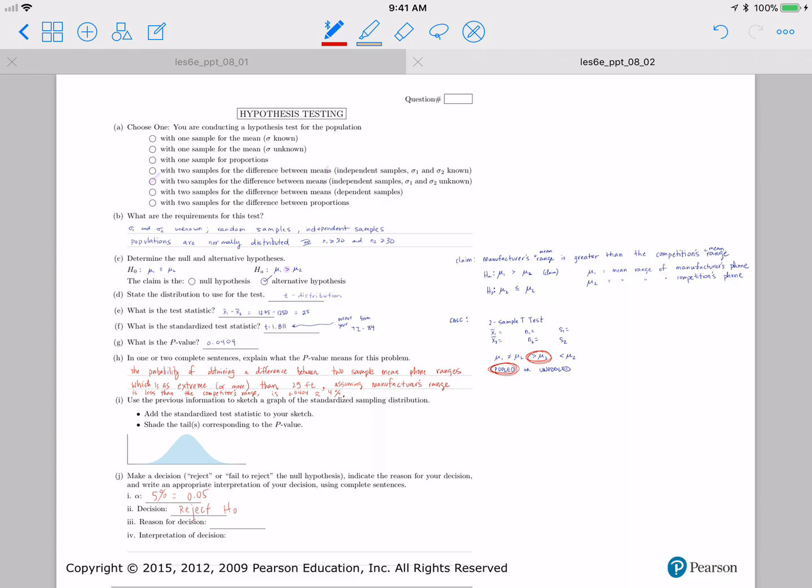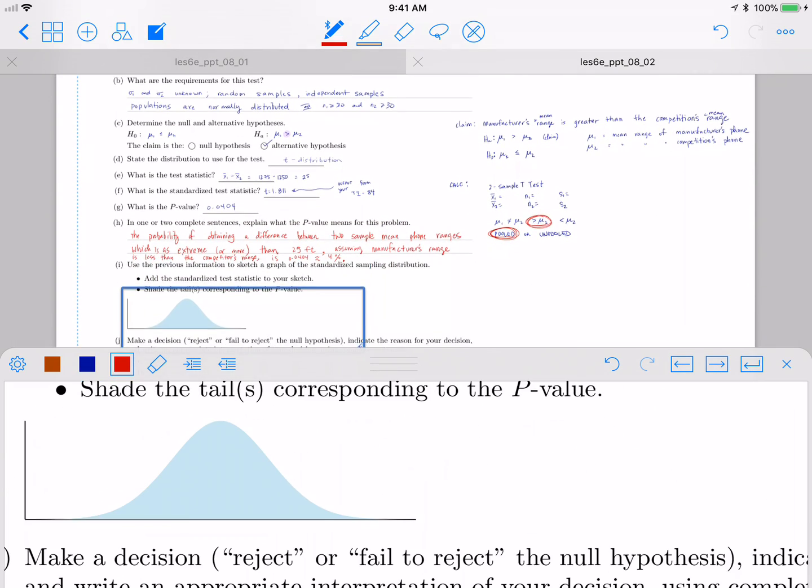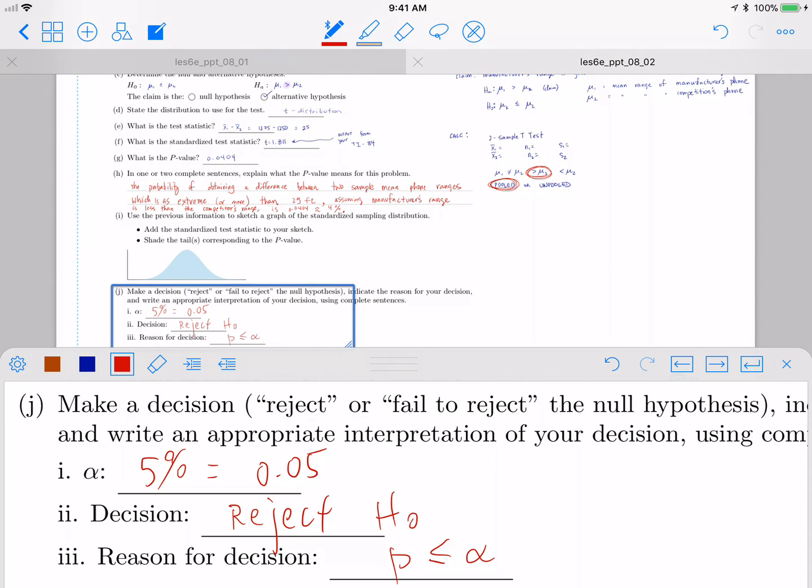The idea is that it's very unlikely, there's a 4% probability, that you would end up with the manufacturer's sample phone range 25 feet more than the competition's phone range if really the manufacturer's overall range is less than the competition's overall range. So we're going to reject H naught since P is less than or equal to alpha.